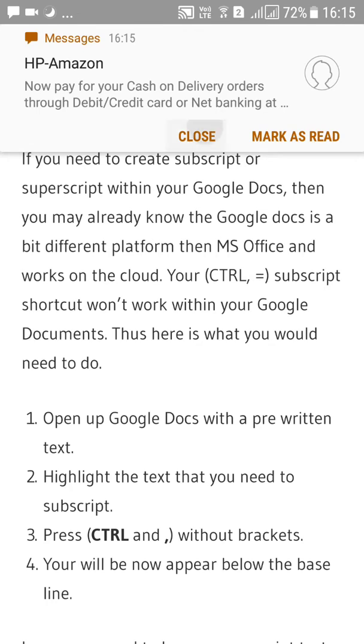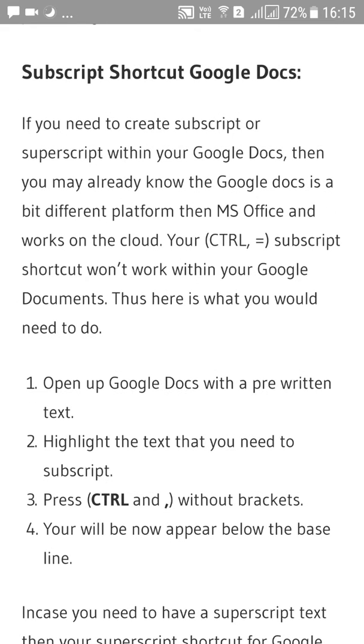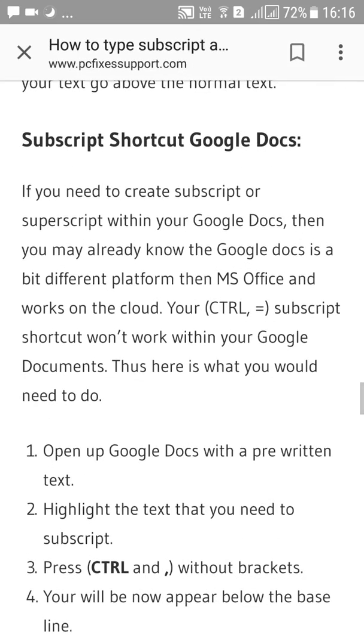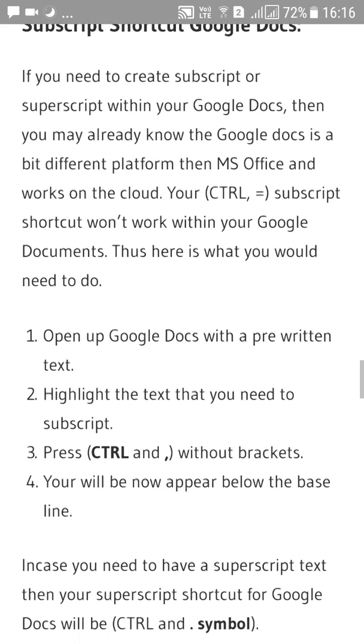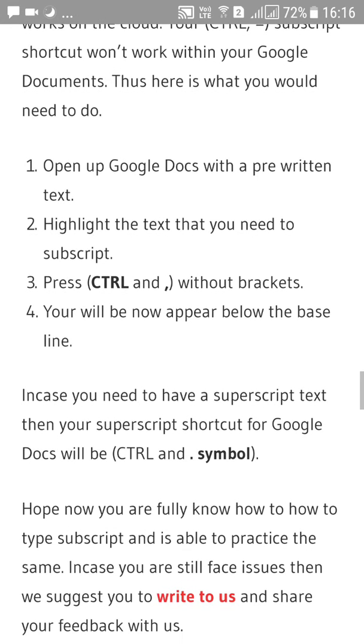The above hotkeys that are presented to you, which work for Word, PowerPoint, and Excel, will not work for Google Docs, because Google Docs works a little bit differently. So in order to create a subscript in Google Docs, again select the portion of the text that needs to go below the baseline, and press Control and comma at the same time, and the text will go down.